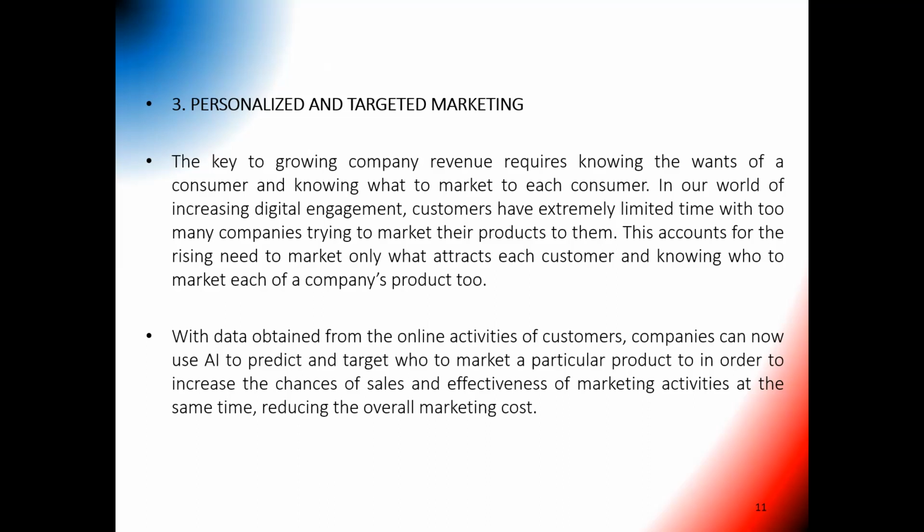With the data obtained from the online activities of customers, companies can now use AI to predict and target who to market a particular product to, in order to increase the chances of sales and the effectiveness of marketing activities, at the same time reducing the overall marketing costs. So we're no longer marketing to everyone, but marketing where they need, being guided by artificial intelligence.